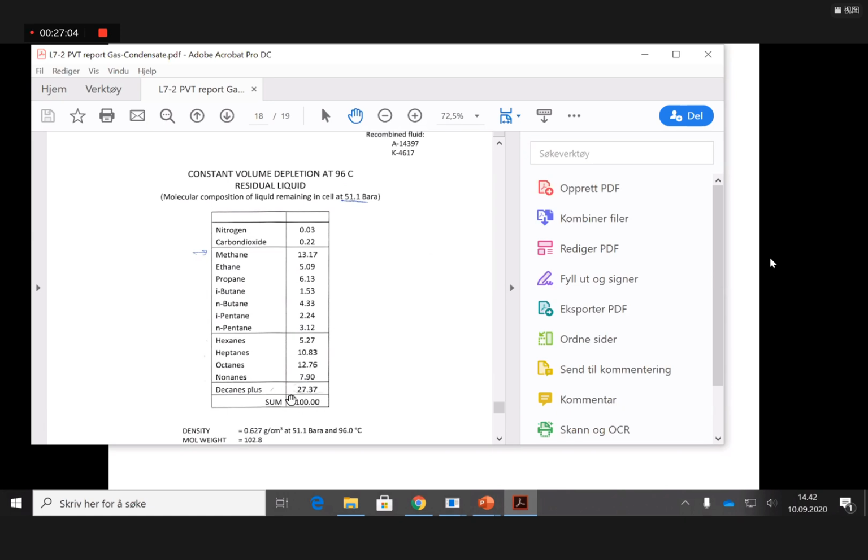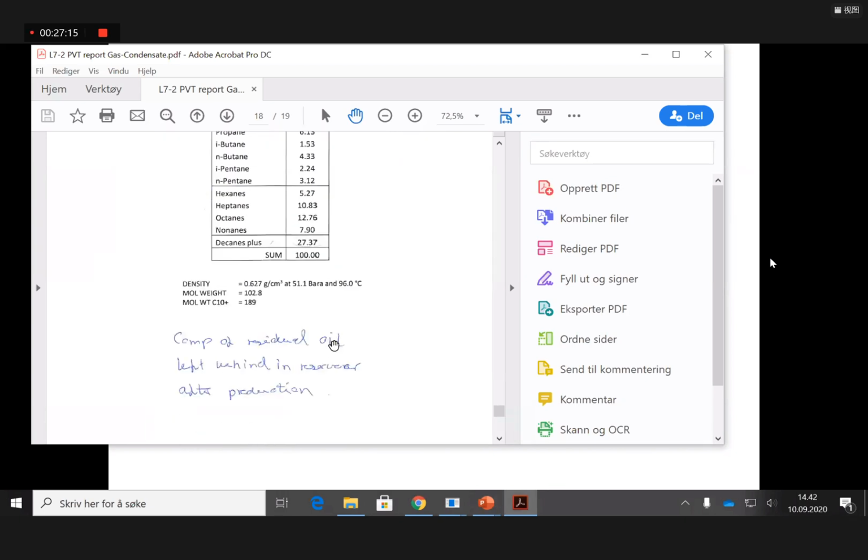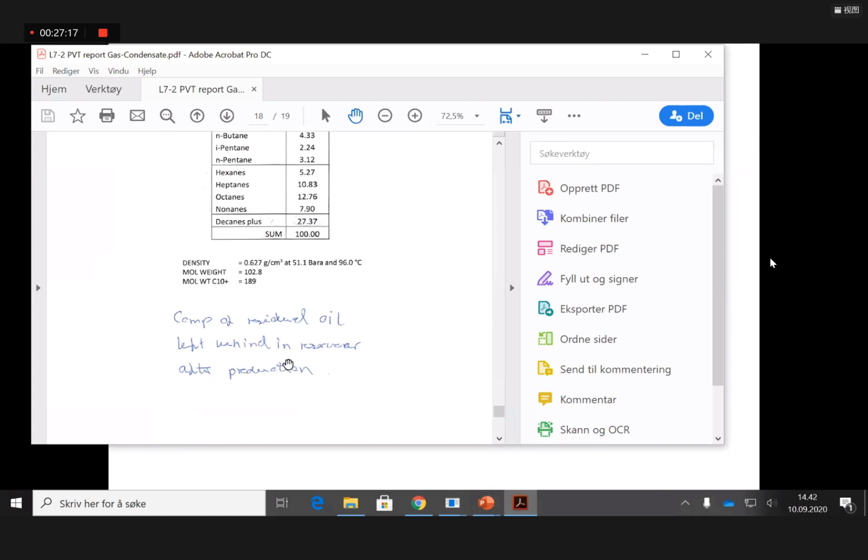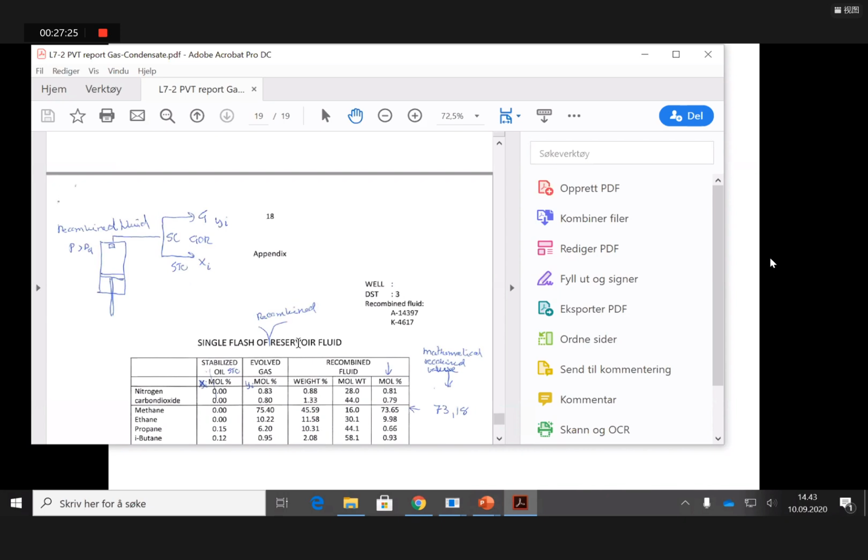So then we have a low concentration of methane and higher concentration of the heavy components. So that's what's left behind in the reservoir. The composition of the lost liquid in a way.